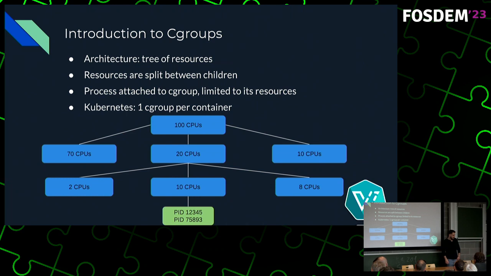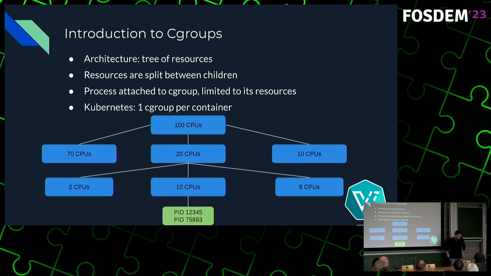So basically the architecture is a tree of resources, right? We have the root Cgroup, which is basically all of the resources on the node, for example, 100 CPUs. And then we divide them into groups, like for example, 70 CPUs, 20 CPUs, 10 CPUs, and so on.